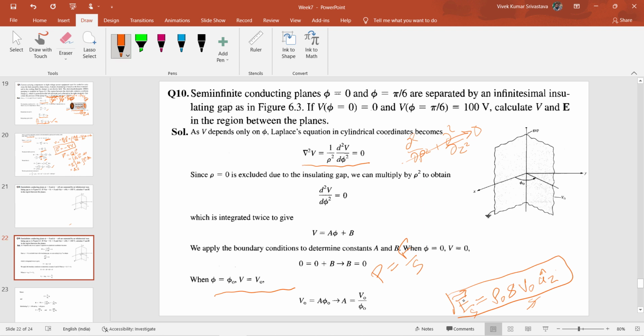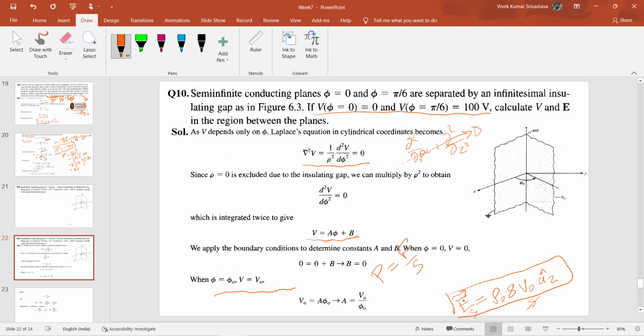Now we will take the integration of this expression with respect to phi. So the total voltage within these two planes is defined as V equals a phi plus b, where a and b are constants which can be found by using the boundary conditions given in the problem. Let us impose these boundary conditions and find the values of a and b.